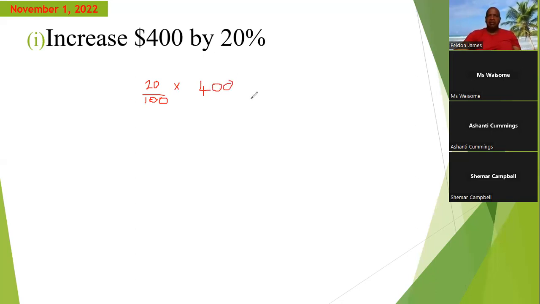All right, so when we do this now, Miss Cummings, what is it that we are trying to find? We're trying to find the increase. All right, so you're trying to find the increase and what it would be based on this calculation.